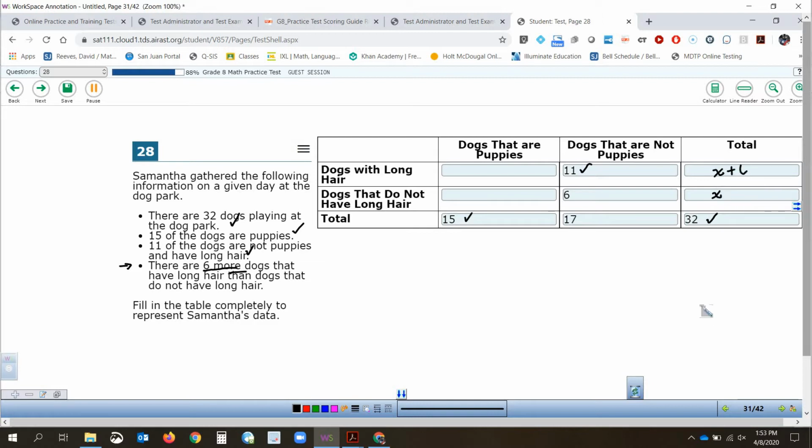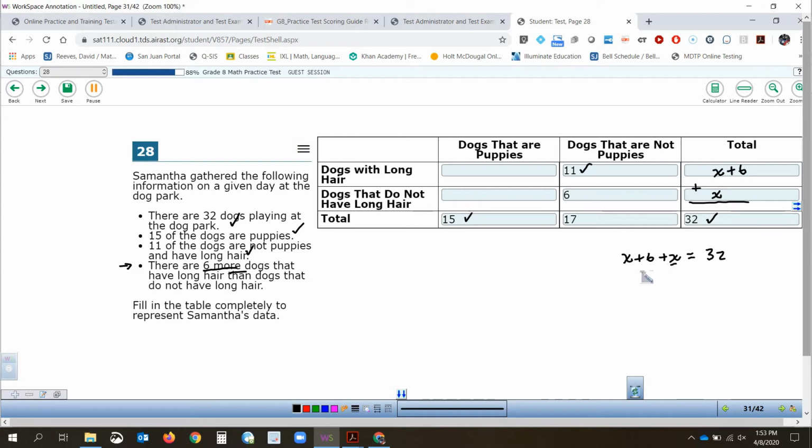You add 6. So I got stuck with the numbers. I filled in all the numbers I could, but now I can say, okay, what do I know? I know that the total with long hair plus the total without long hair is going to give me the total here. So X plus 6 plus X has to equal 32, right?